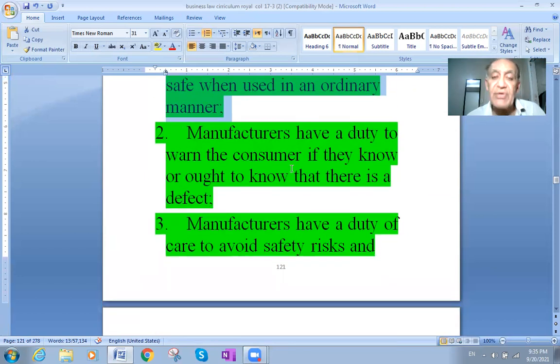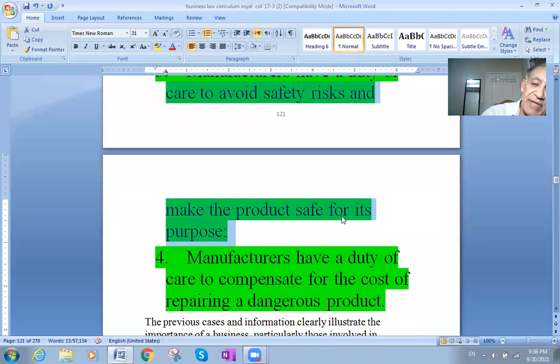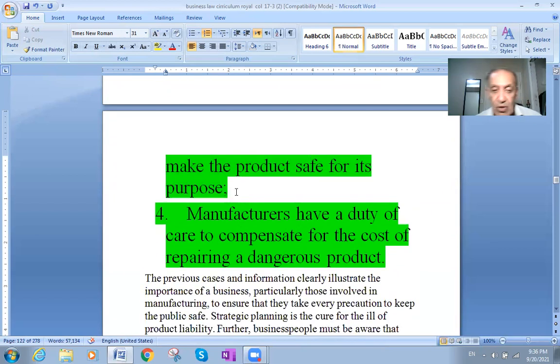Manufacturers have a duty to warn the consumer if they know or ought to know that there is any defect in the product. It is the right thing to tell the consumer that this product is not safe. Manufacturers have a duty of care to avoid safety risks and make products safe for their purpose, and to compensate for the cost of repairing dangerous products.